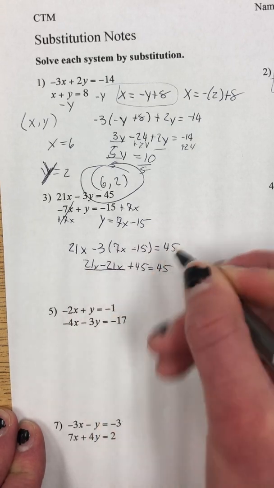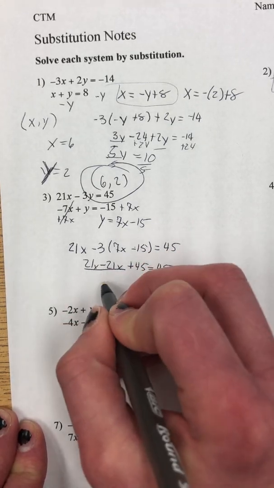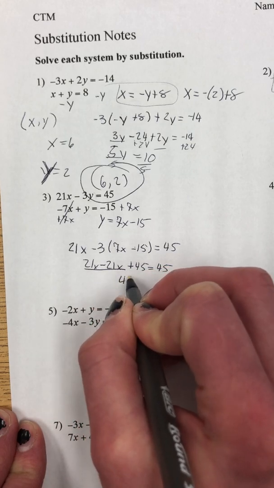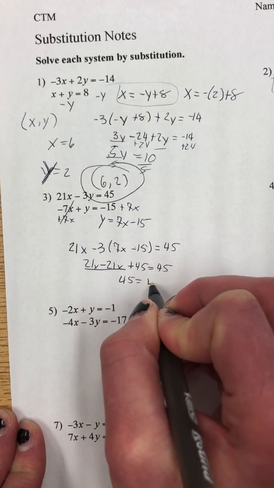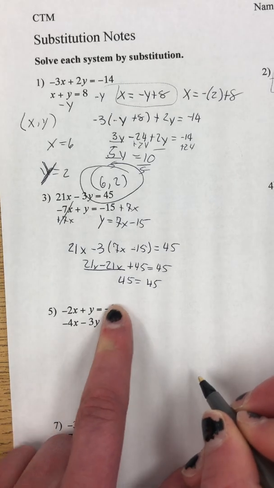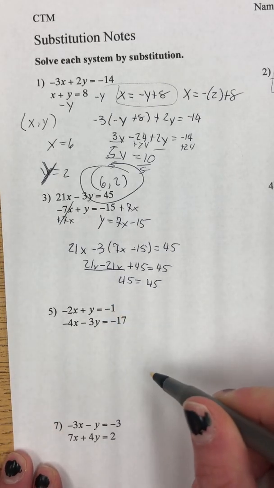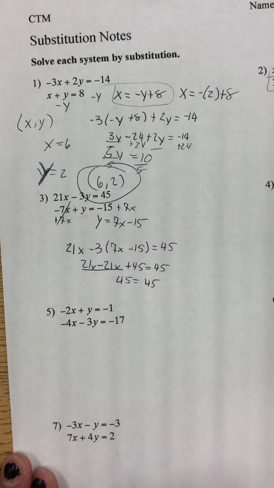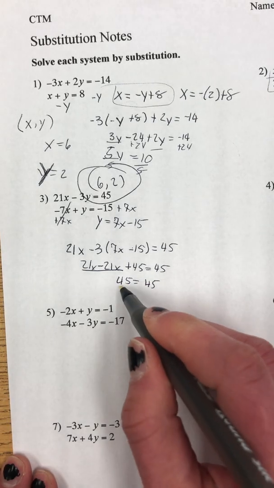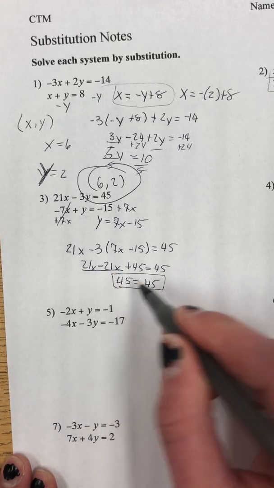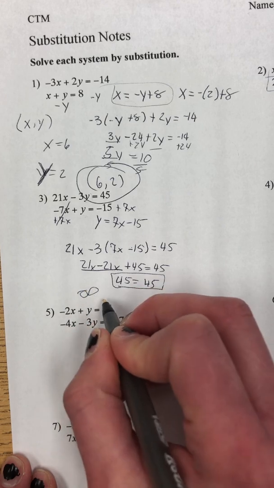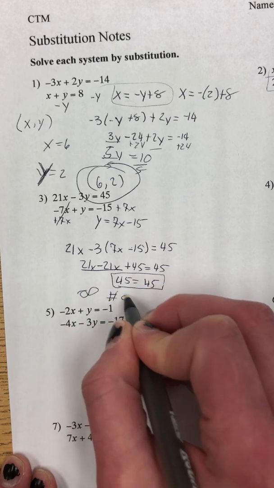If we combine like terms, that gives me 0, or 45 equals 45. 45 does equal 45. Because these two numbers are the same, it's going to be an infinite number of solutions.